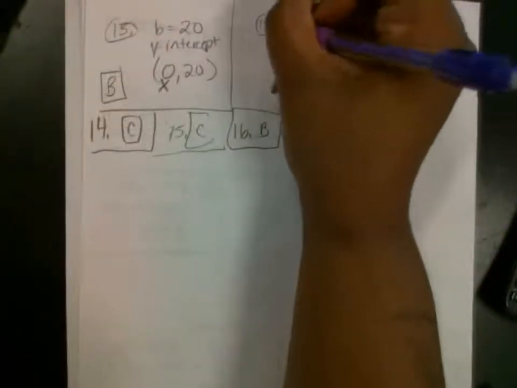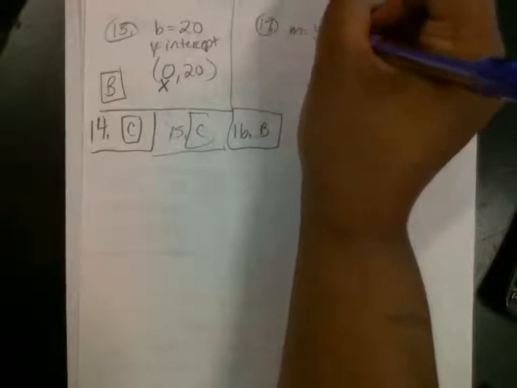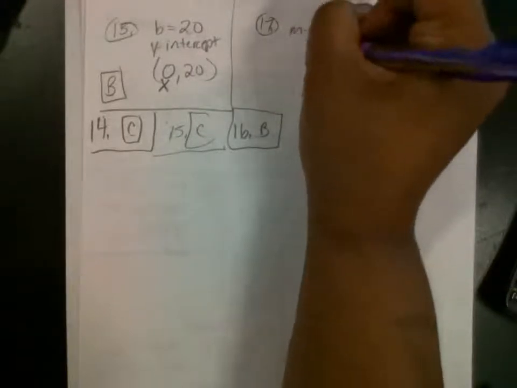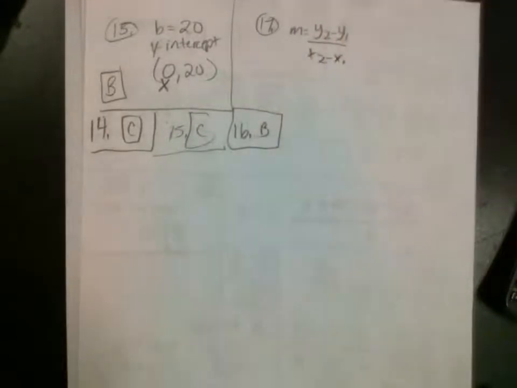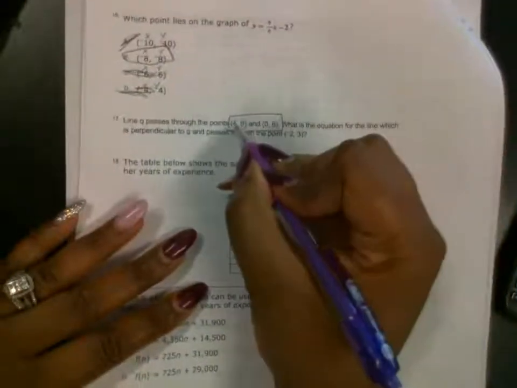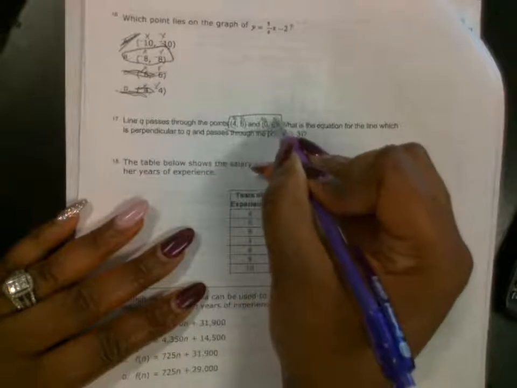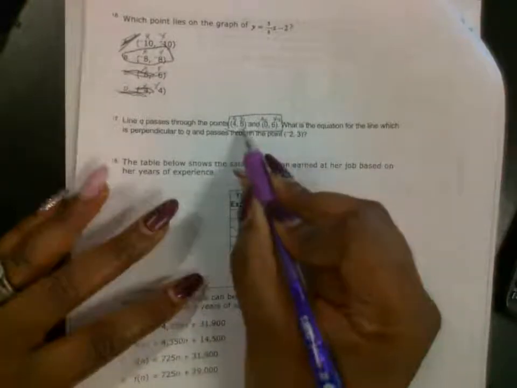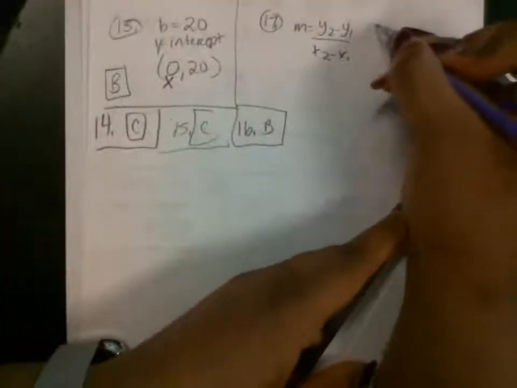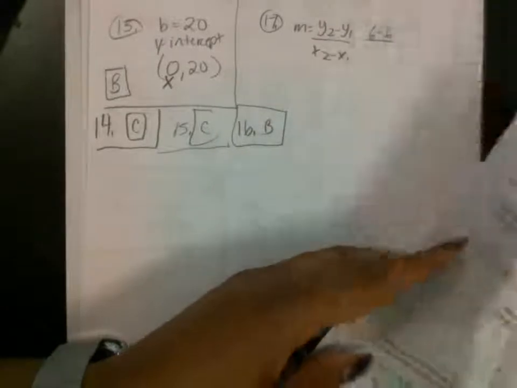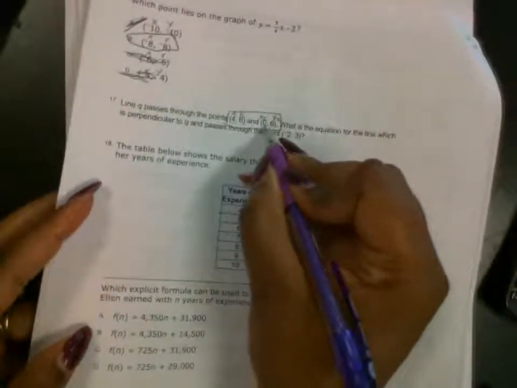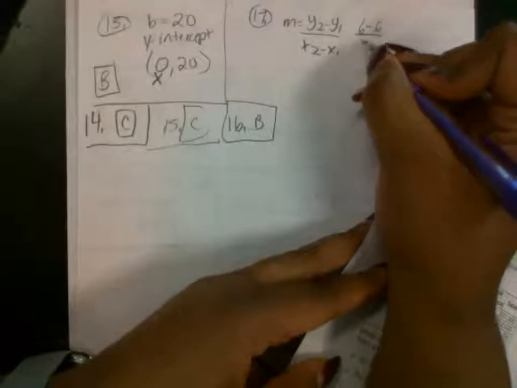17. We're using m is equal to y2 minus y1 over x2 minus x1. Okay, so this is x1, y1, x2, y2. So it's going to be 6 minus 6 on the top, and it's going to be 0 minus 4 on the bottom.